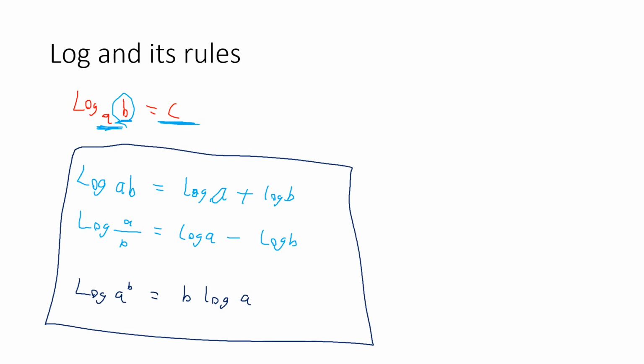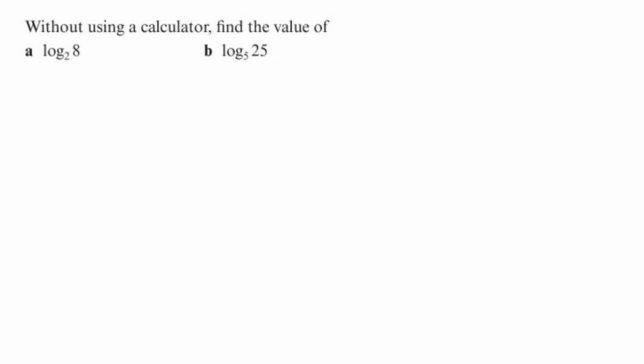Now let's use them to our advantage, right? Log base 2 of 8 is equal to what? 2 to the power of what is equal to 8, right? That's basically what it's saying. And as you would have guessed by now, it's 3. Okay?